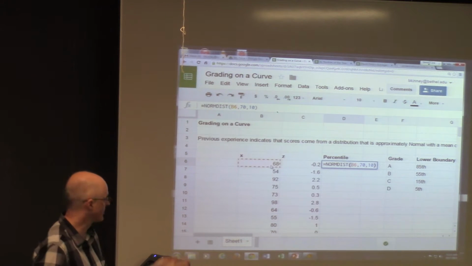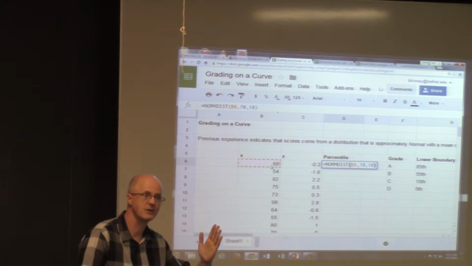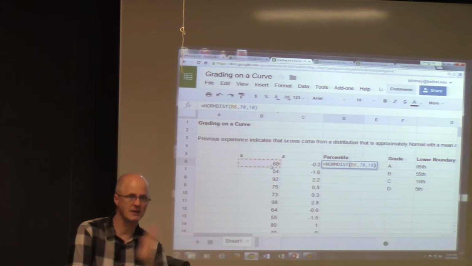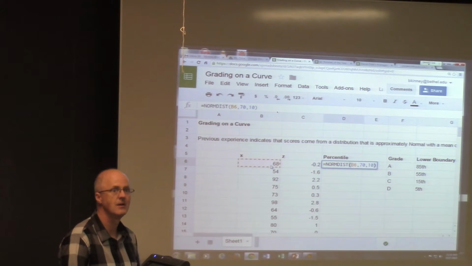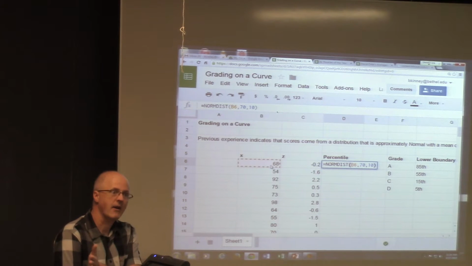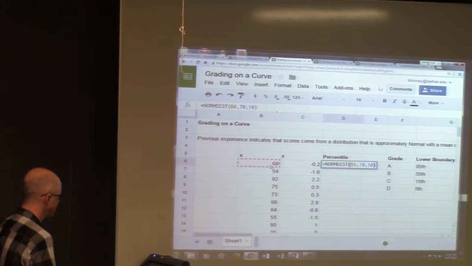It's going to return the percentile, actually. It's going to return the area under that normal curve with a mean of 70 and a standard deviation of 10 to the left of 68, which will be a little less than 0.5, right? 70 is the mean, 68 is a little lower than that. So the area to the left of 68 should be a little less than 0.5. We should get 0.4 or something, I believe.